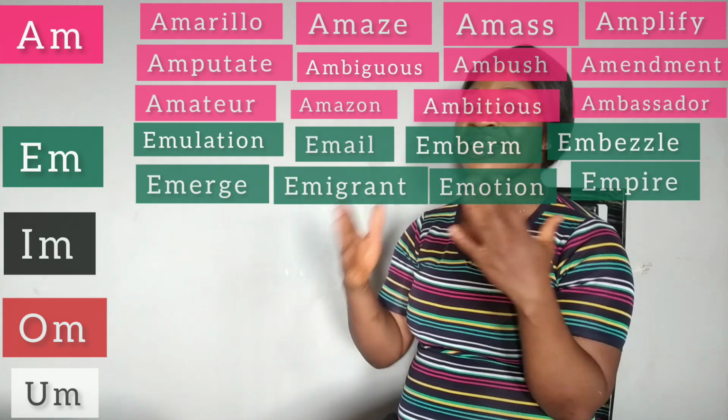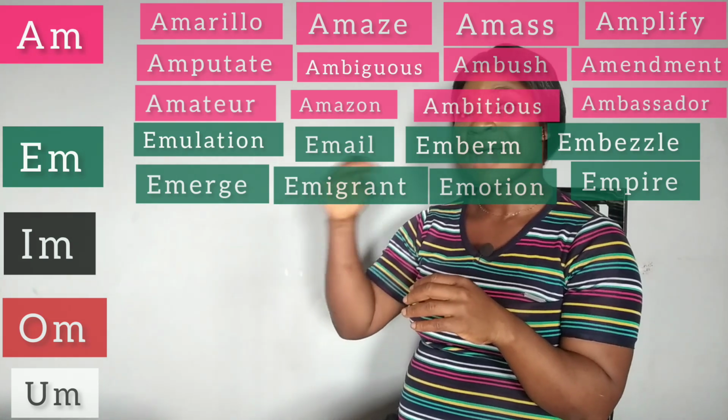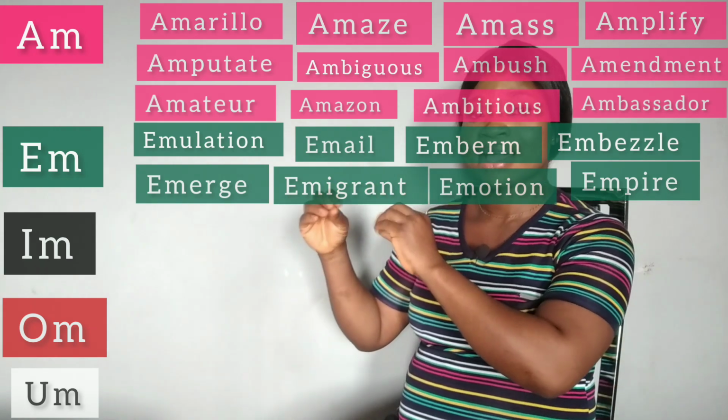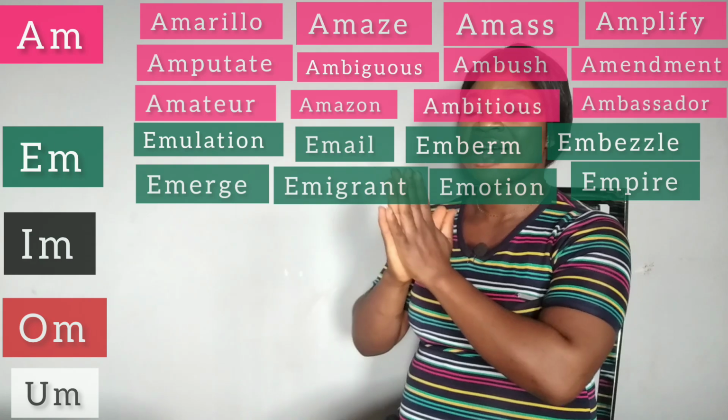Now you can see the E and the air playing, okay? Emerge, the air sound, emotion, empire, the S sound, emulates, and the rest.